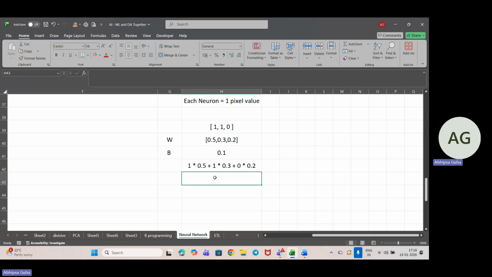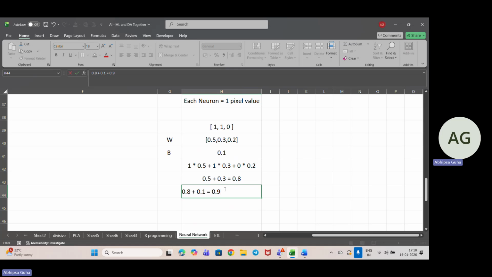So at the end, what I'll get is 0.5 plus 0.3, right? So my value is 0.8, right? Now I'll add the bias. Bias is 0.1, so 0.8 plus 0.1 gives me 0.9, right? So this is how it happens.